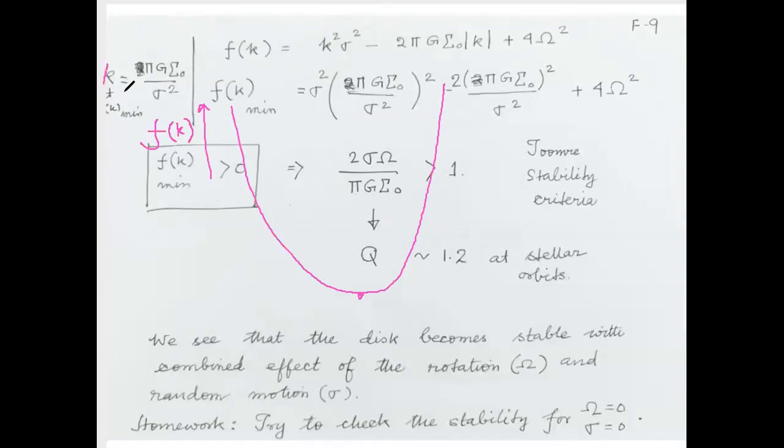This is k, so this is k for f(k) minimum. If I put that value of k back over here, then for f(k) minimum greater than or equal to 0, this has to be greater than 0, which gives me this criterion.